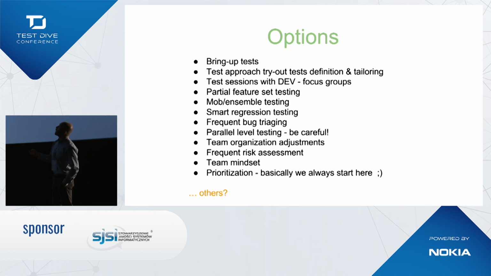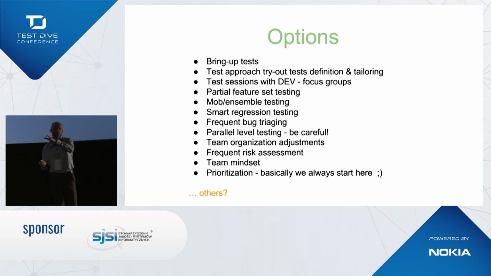Then we could do mob testing or ensemble testing. This is equivalent. So we perform the tests in a group of several people. I don't know if you have heard about this. It's a very effective method of getting familiar with the software, with the product. And it's very effective. Smart regression testing.